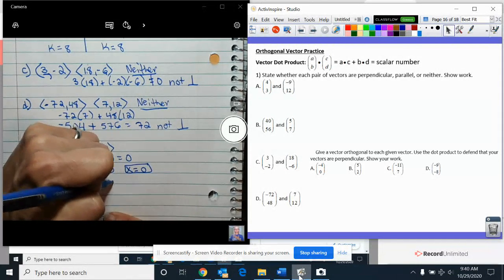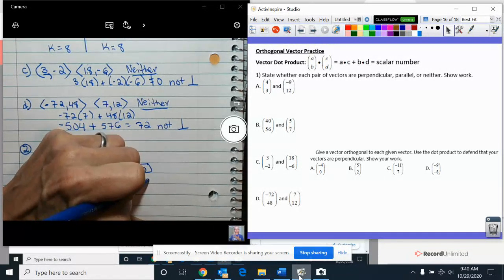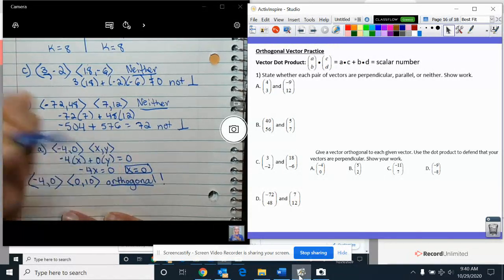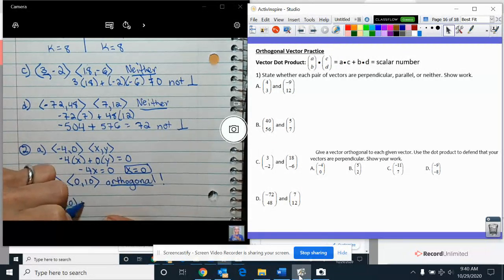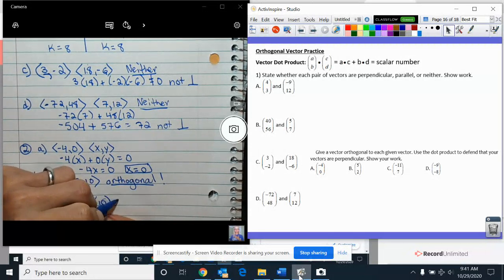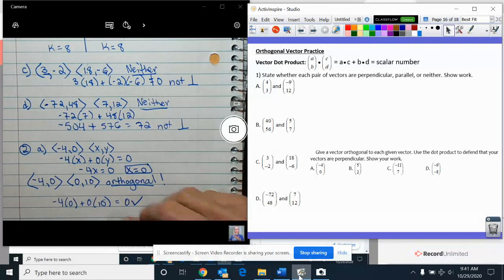And we're going to show this by doing the dot product. Negative 4 times 0 plus 0 times 10. That's 0 plus 0, which is 0. So that proves that our vectors are orthogonal.